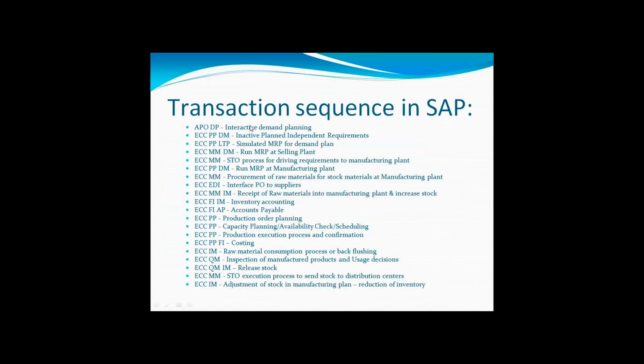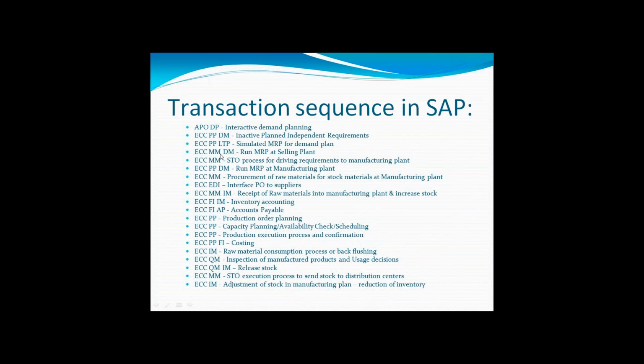What we just saw is demand planning being done in APO, and then we transferred the demand plan to inactive planned independent requirements in our ECC system, and we did our long-term planning, which basically simulated, and we converted some of the long-term planning results into the actual operative plan that's being considered in the MRP of the selling plant. So we already have an integration between demand plan, PP demand management, PP long-term planning, and then MM also here.